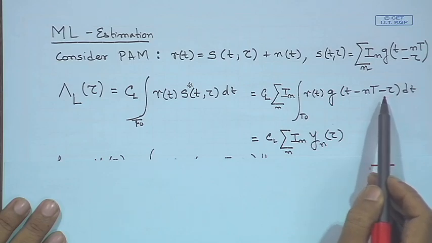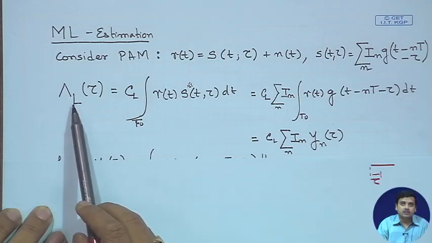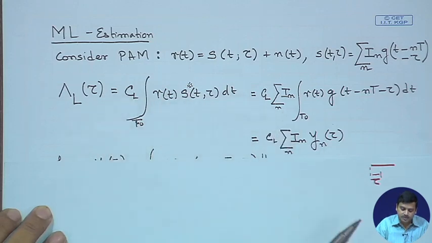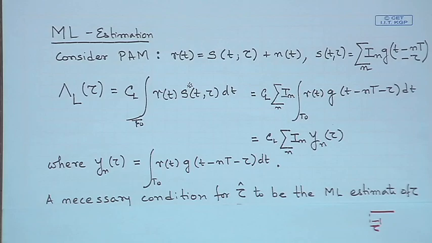So, now you can guess the next step. We should take the derivative of the log likelihood function with respect to this parameter tau, set it to 0 and get our solution, the same procedure. So, again we use the same philosophy as we used for estimation of carrier phase.